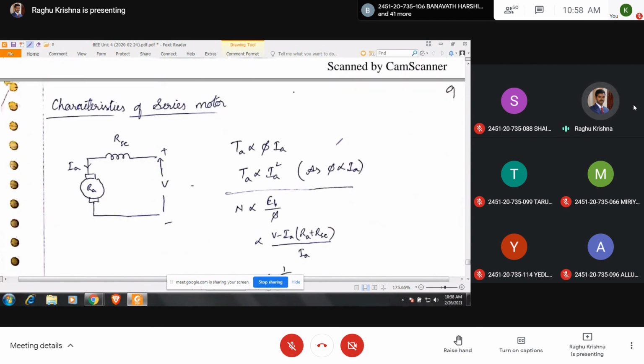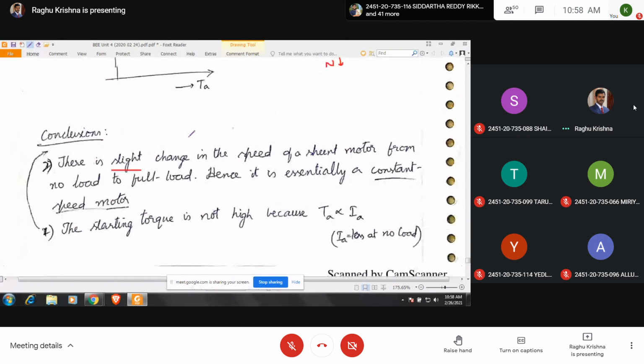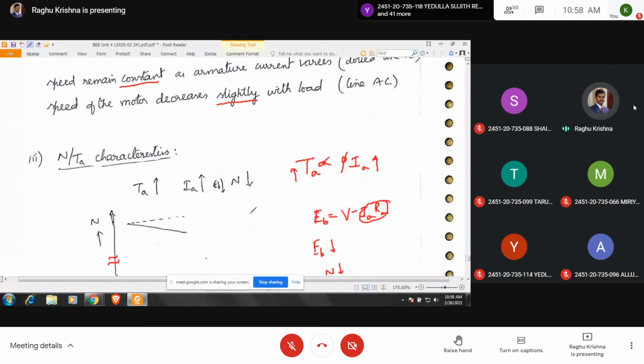So next, coming to the characteristics of the series motor. Before going to the series motor, if you have any doubts, you can ask me. The series motor I'm going to start in the next class. So here, remember these two formulas.